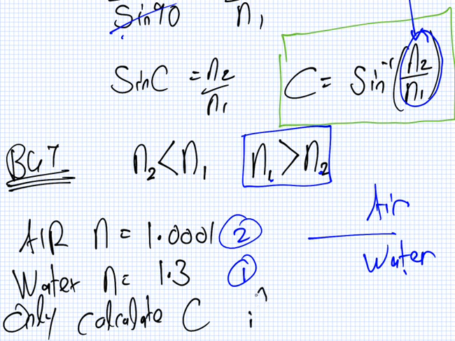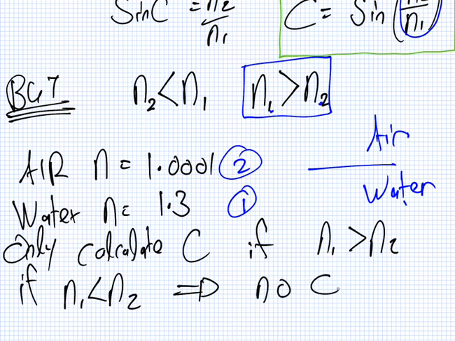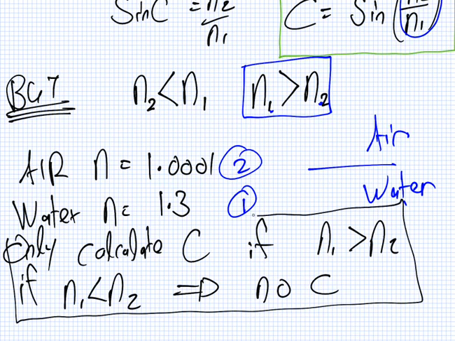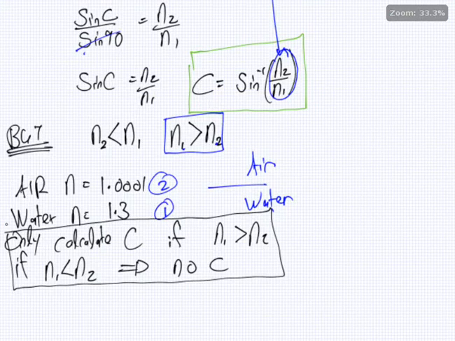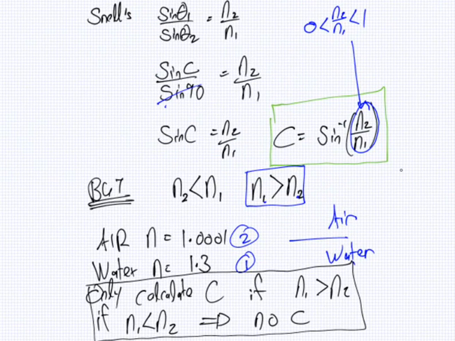I'll just draw it over here for you. For example, maybe this here is glass, and maybe this here, I don't know, is water. So the light comes in at one angle. I'll call this theta 1, and then it moves at a different angle. I'll call this theta 2. So n1 is for glass and n2 is for water, for example.